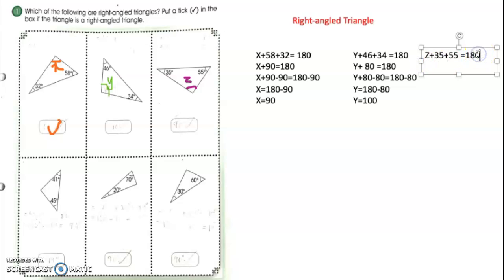Now z plus 55 plus 35 is equal to 90, which is equal to 180.